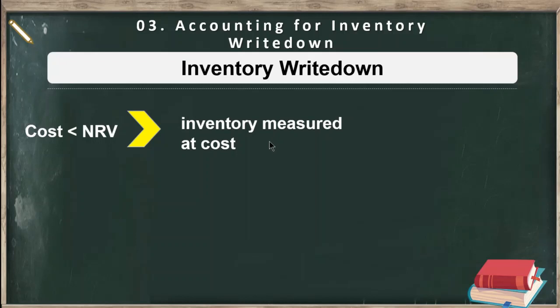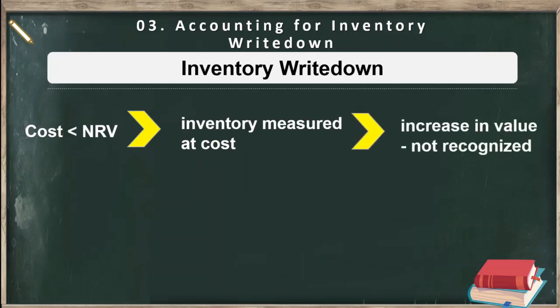And take note that this is already the amount that we have recorded in our books. So there will be no accounting problem and no more adjustments, because it's already at cost, or at the lower between the cost and the net realizable value. Again, the records in our books are already at cost.